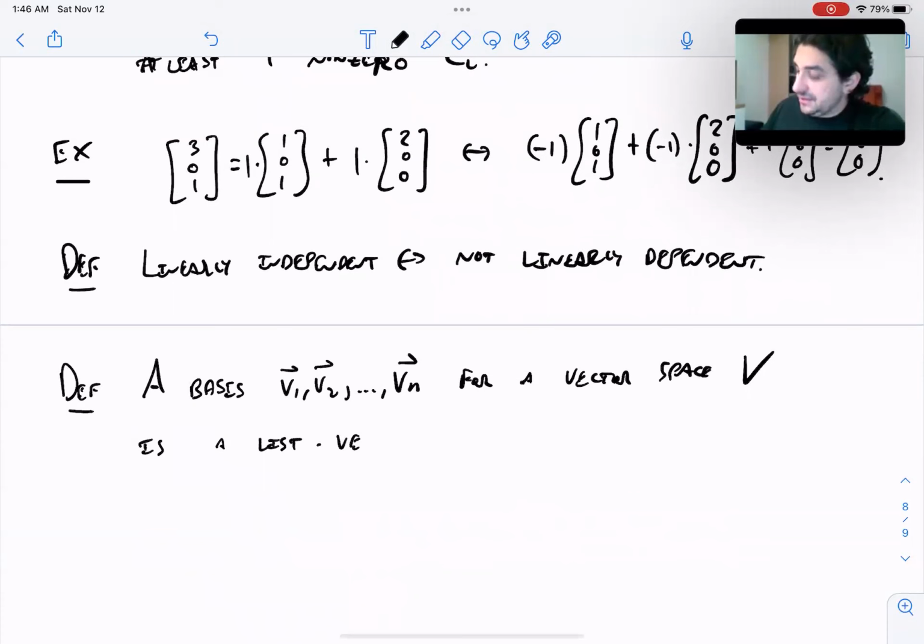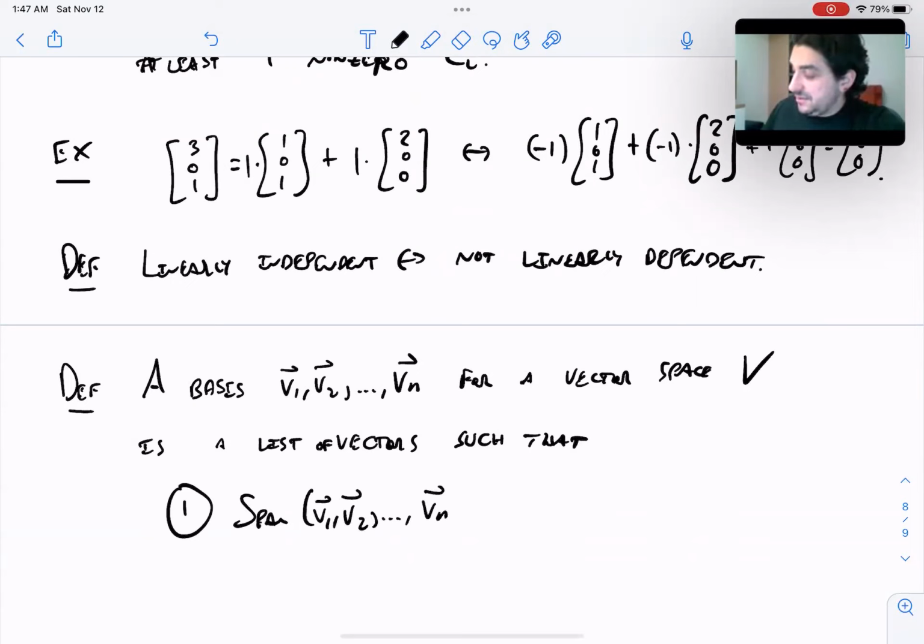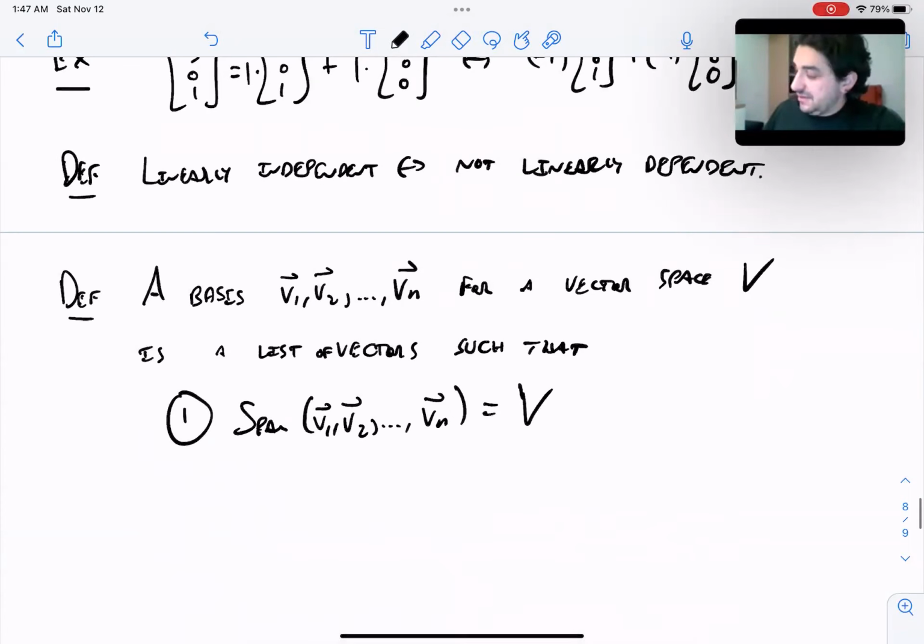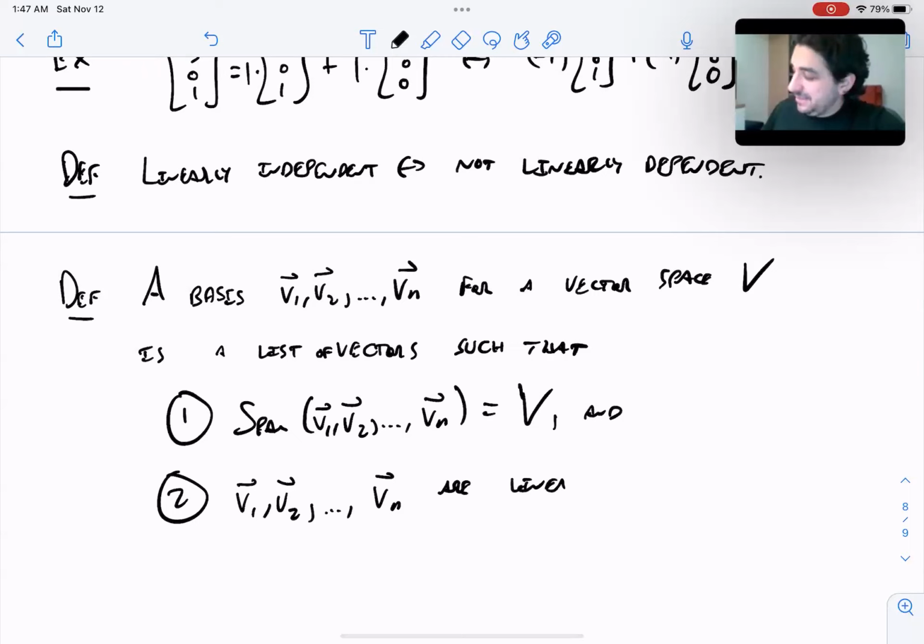It's a list of vectors such that the vectors span your vector space V. So you have to have enough vectors to get all of V. But also, you can't have too many. You can't have redundant vectors in there. They have to be linearly independent, right?